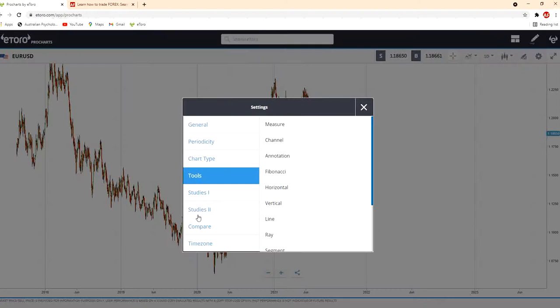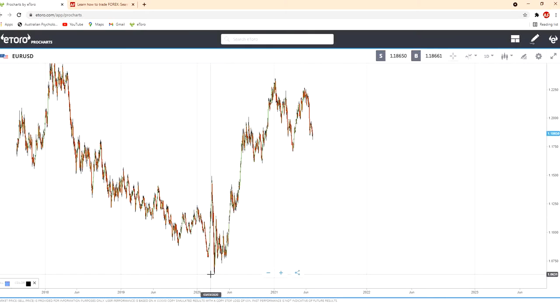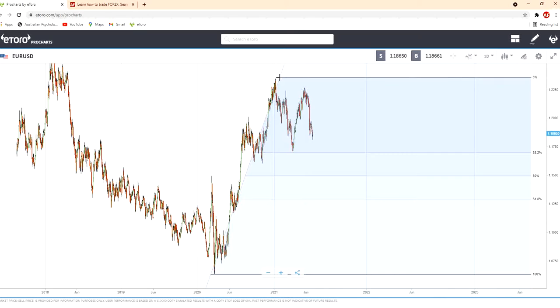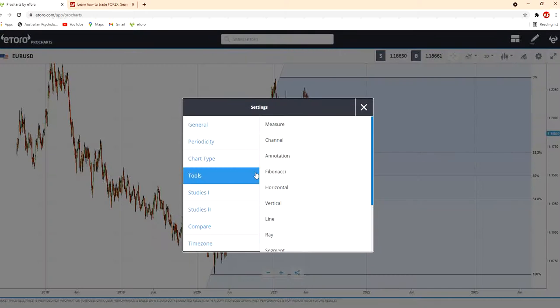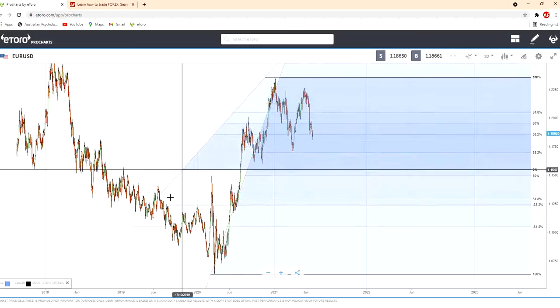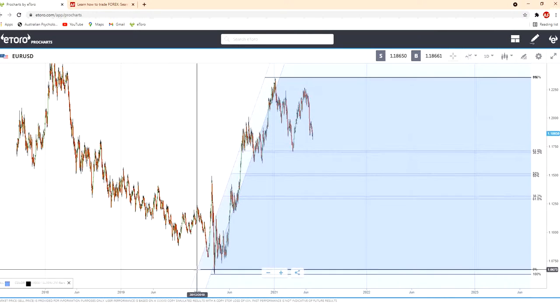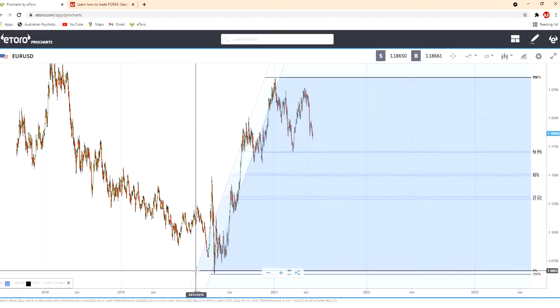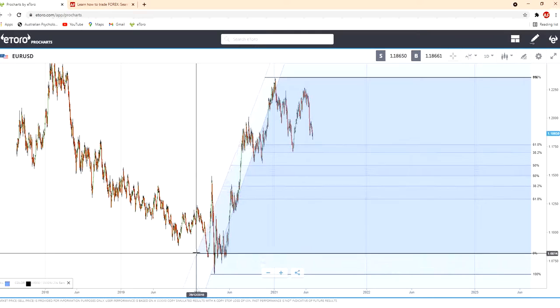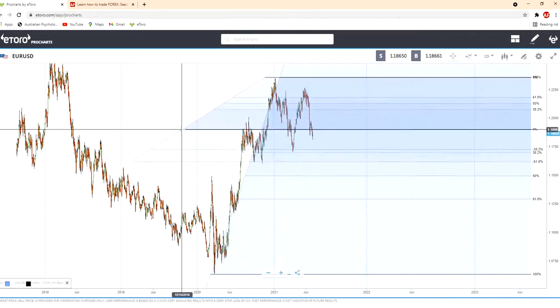Just go and draw Fibonacci from low point to the high point, then you can see the retracement numbers, or vice versa. You can go the other way, depending on the trend direction, and you can see you get some different numbers. So on one way it gives you support, the other one gives you the resistance levels.